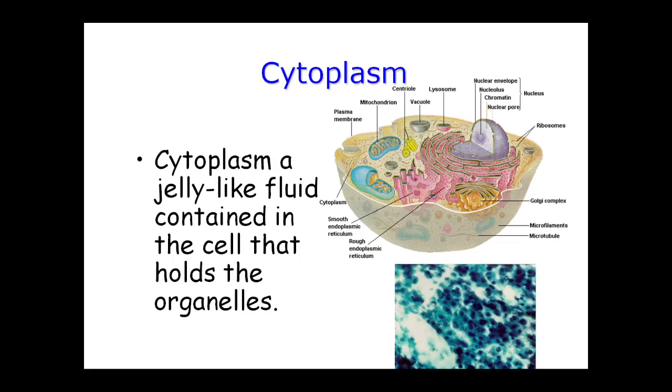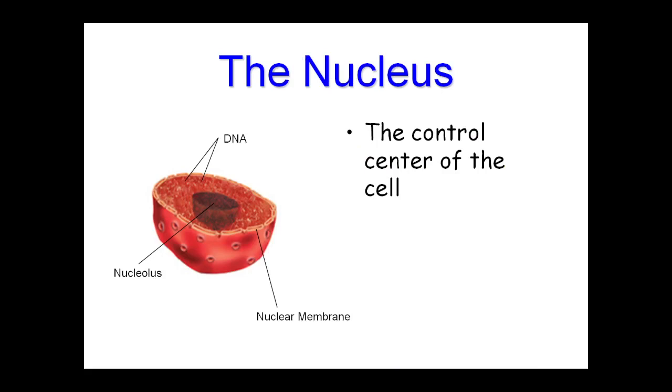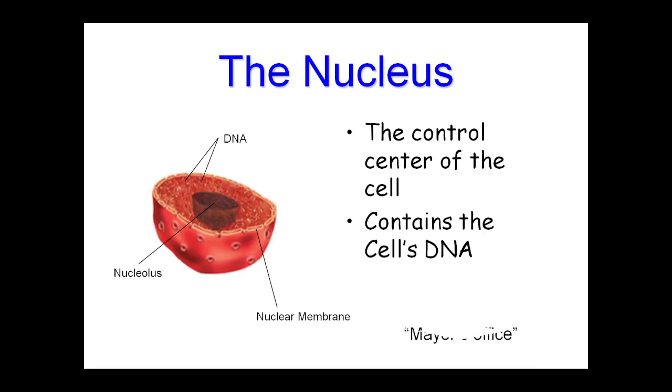where various organelles are moved within the cytoplasm of the cell. Now, the other organelles, like the nucleus, the control center of the cell, consists of the cell's DNA. The nucleus controls all of the cell. It works similarly to a mayor's office in our town.